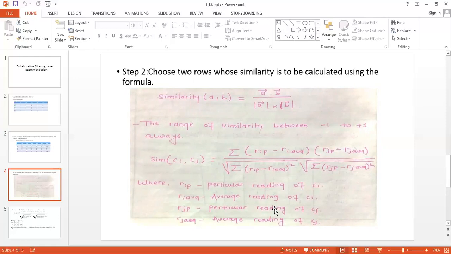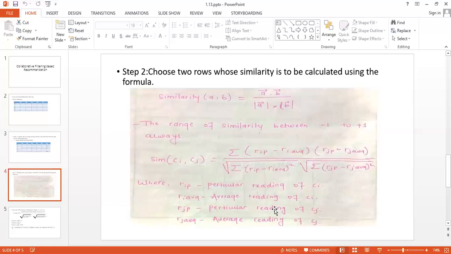And as we have to take the summation, then plus first row's second value minus average into second row's second value minus average, plus first row's third value minus average into second row's third value minus average. Likewise, for however many numbers are present there, we have to calculate this formula.